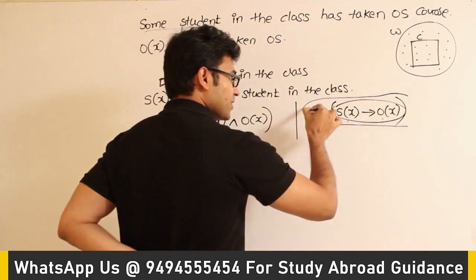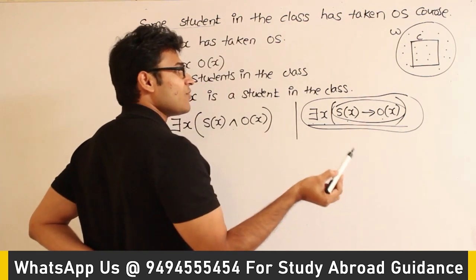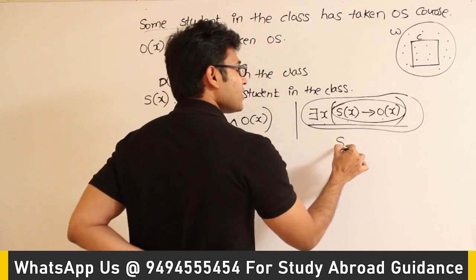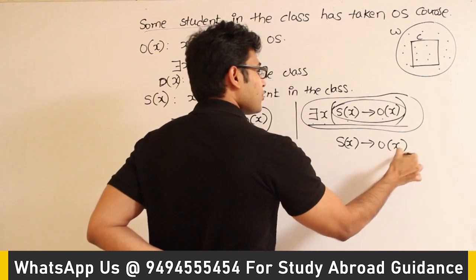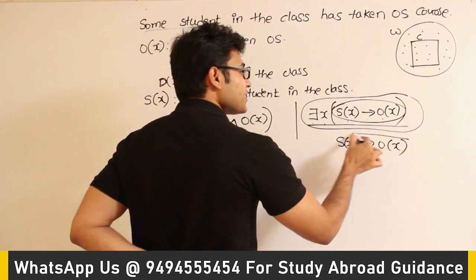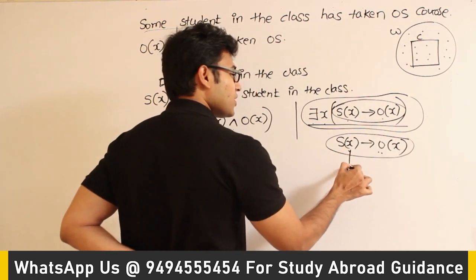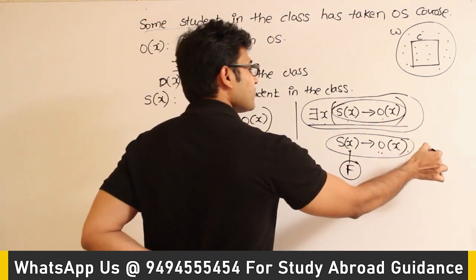This entire statement proposition is true if we can find out at least one X in such a way that this is true. Now what is that? This one has to be true, right? And now the problem with this implication is, this implication will be true even when this one is false. So in fact, whenever this one is false, this entire statement will be true.